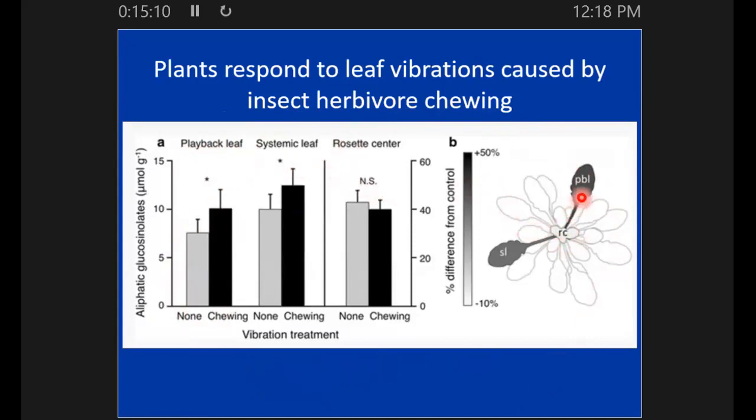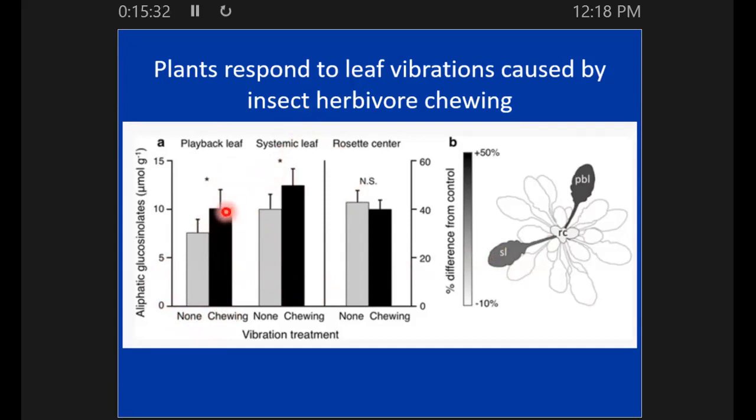So the playback leaf over on the right here, figure B, it's PBL. And then what they were showing was that the electrical signaling passed over to the systemic leaf. And you can see that when there's that chewing, the asterisks above the bar graph mean it's statistically significant.